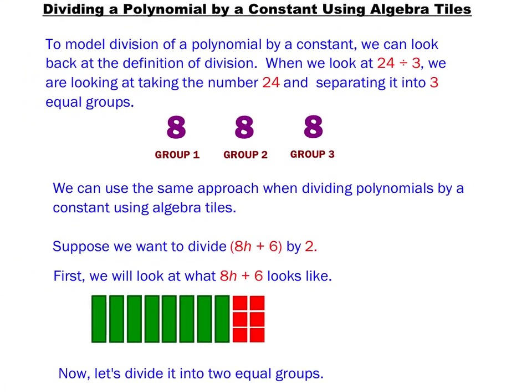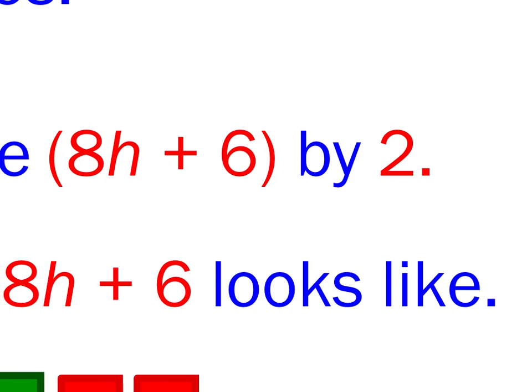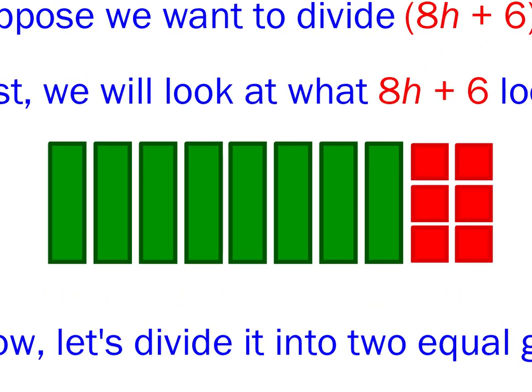And we can use the same approach when dividing polynomials by a constant using algebra tiles. Suppose we want to divide 8h plus 6 by 2. 8h plus 6 would look like this. It would have 8 shaded rectangles and 6 shaded little squares.